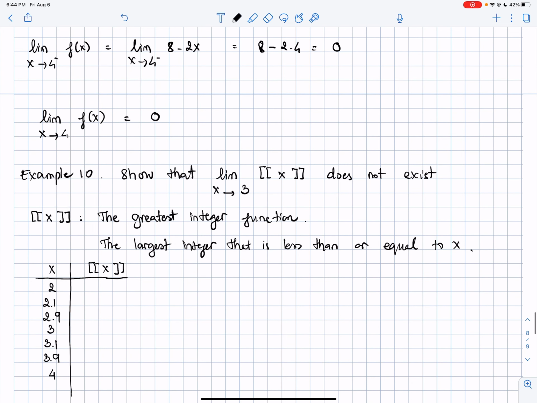Example number 10. We want to show that the limit of the radius integer function as x approaches 3 does not exist. The radius integer function has the double bracket and is defined as the largest integer that is less than or equal to x.